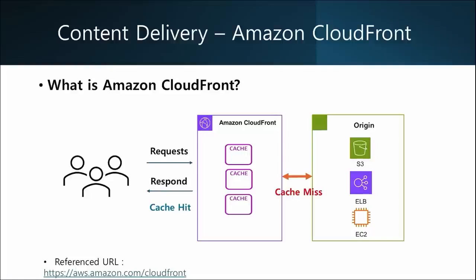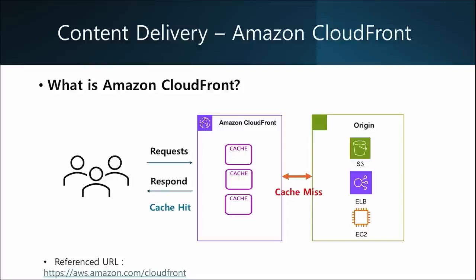Typically, you can set AWS S3 bucket, EC2 instance, HTTP, or another external server as the origin server. At this point, CloudFront is a service that caches content received from origin servers in edge locations distributed across the world, and then delivers it to users, thereby increasing transmission speed.